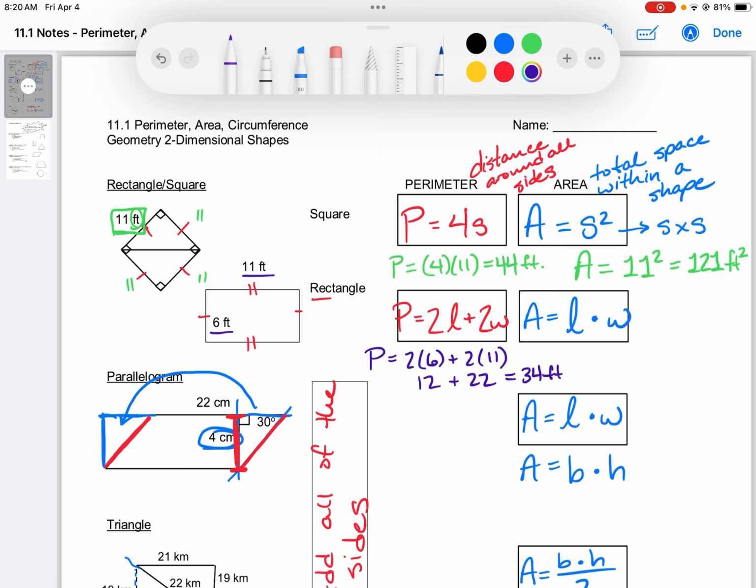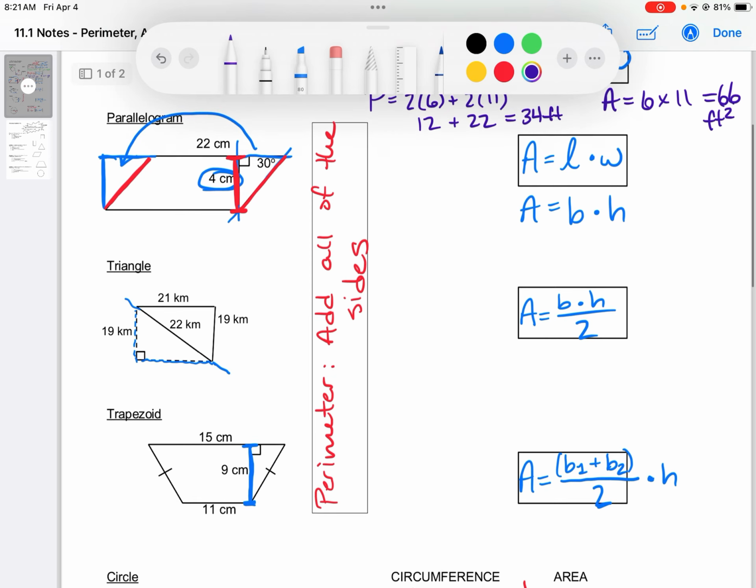And again, this is feet. For our area, it's length times width, so it would be 6 times 11, which is 66 square feet.